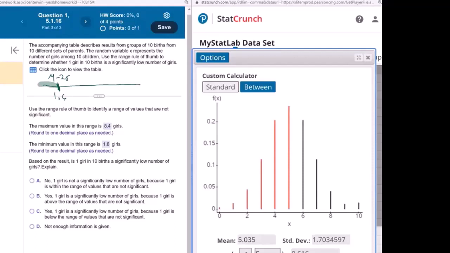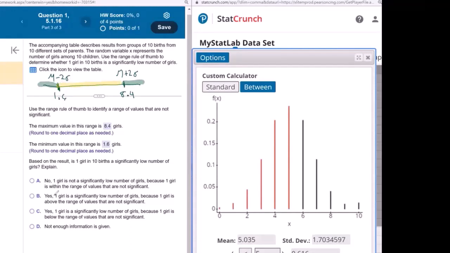Is one girl above the range of values that are not significant? Nope. Because that would mean it's here in this middle part. This is 8.4, and this is mu plus 2 sigma, and anything out here is significantly high. It's telling me that between here and here is not significant.